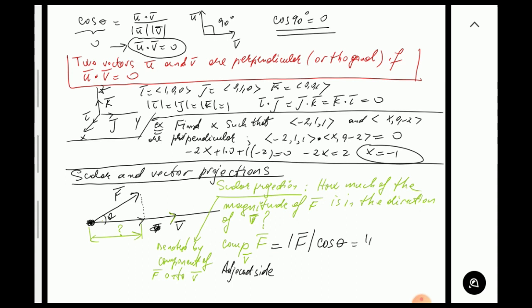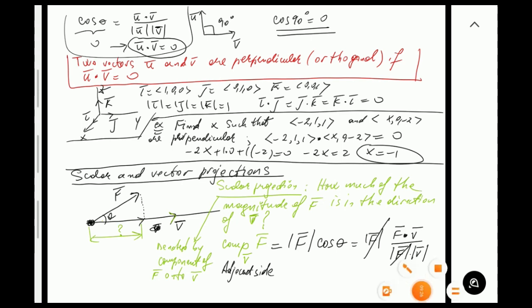But now we have a formula for the cosine of theta that we obtained previously. Look back on the top corner here. So now cosine of theta can be written as F dot V over the magnitude of F times the magnitude of V. And the magnitude of F cancels. So now we have this quick formula.